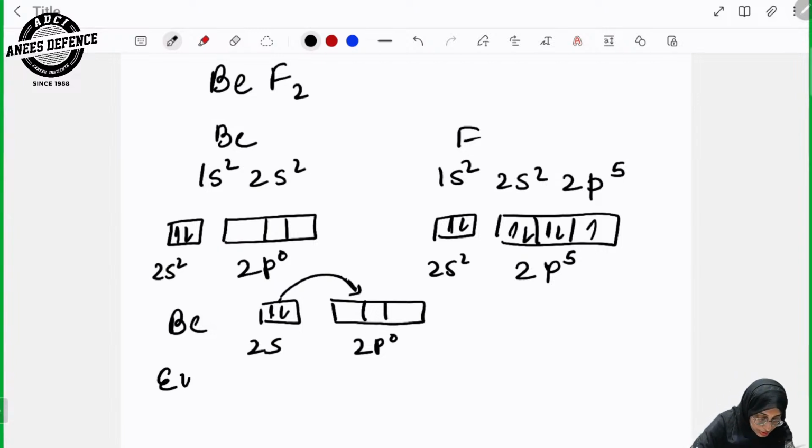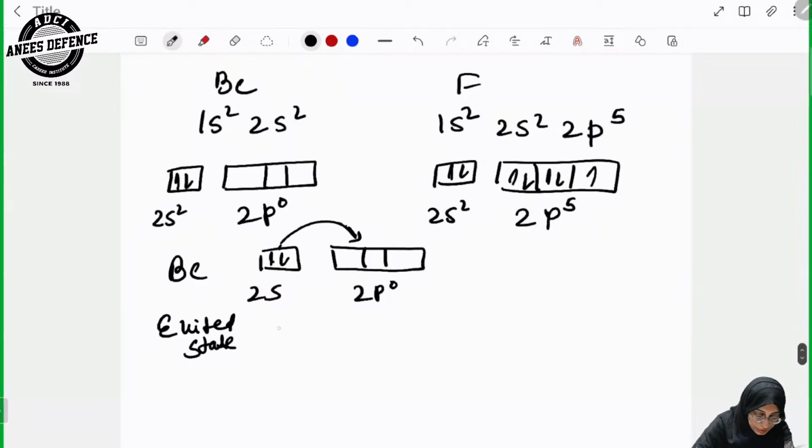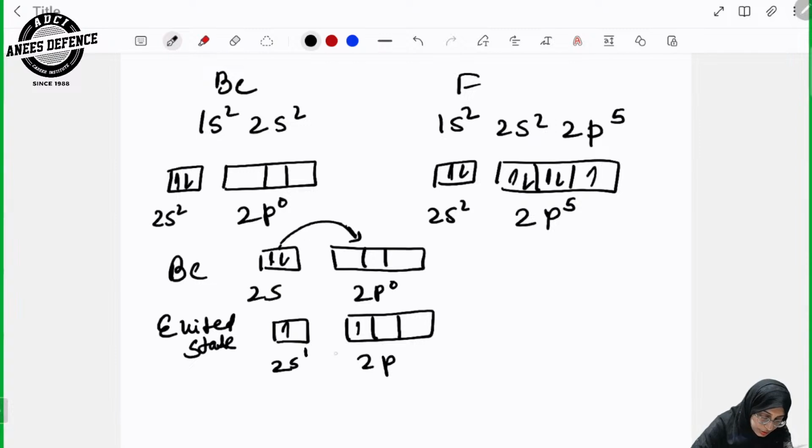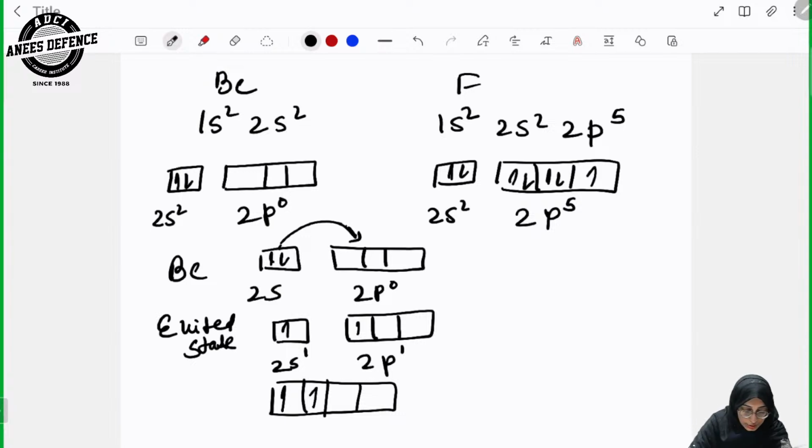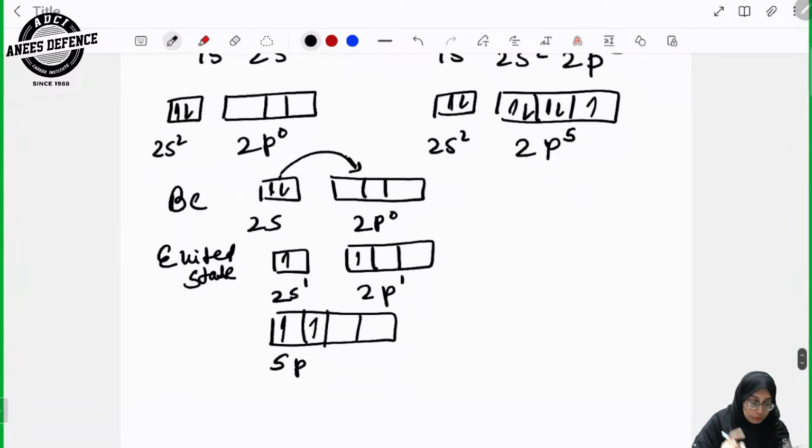Now beryllium has 2s1 and 2p1. Then we can intermix them like this, and this is called the sp orbital, one s and one p.